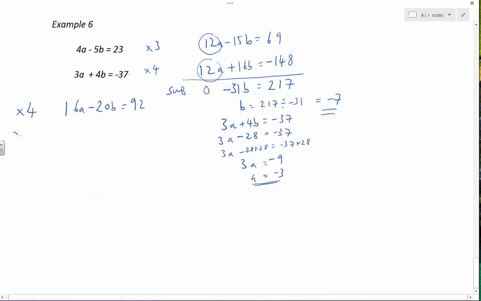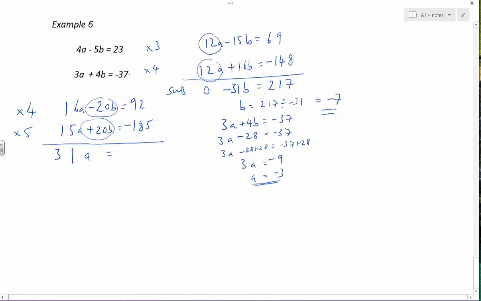And if we multiply the second equation by 5, we would have 15a plus 20b equals 30 times 5 is 150, 7 times 5 is 35, so minus 185. So here we've got minus 20b and plus 20b, same signs subtract, different signs add.